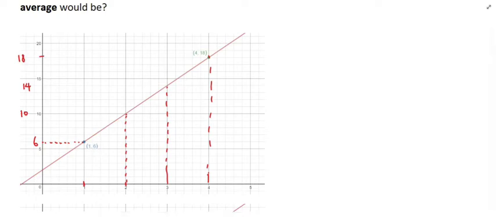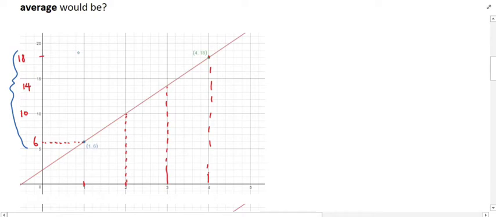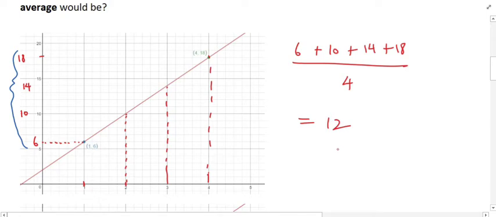So these four values represent different values of the function. And we could average them out. We could add them together and divide by 4, and we would see that that equals 12. So that would be an estimate for the average value of the function.